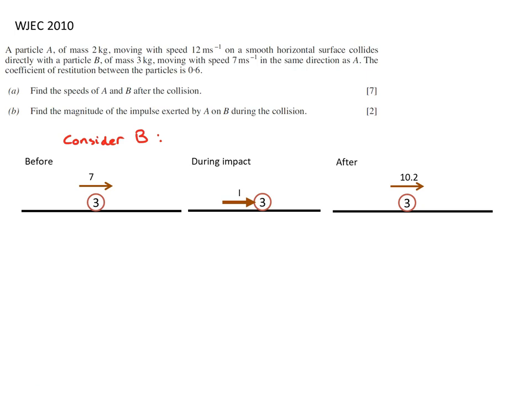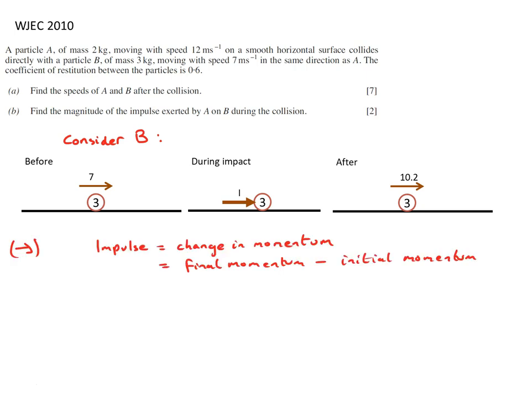So applying impulse equals change in momentum on B, we've got the impulse I must equal the final momentum of B, which is 3 times 10.2, minus the initial momentum of B, which is 3 times 7, which gives me that the impulse must be 9.6 Newton seconds.